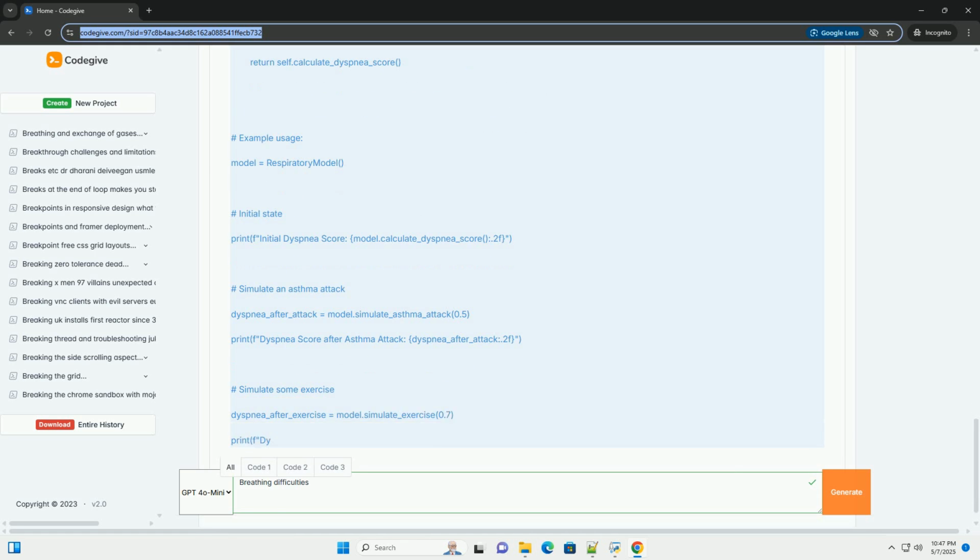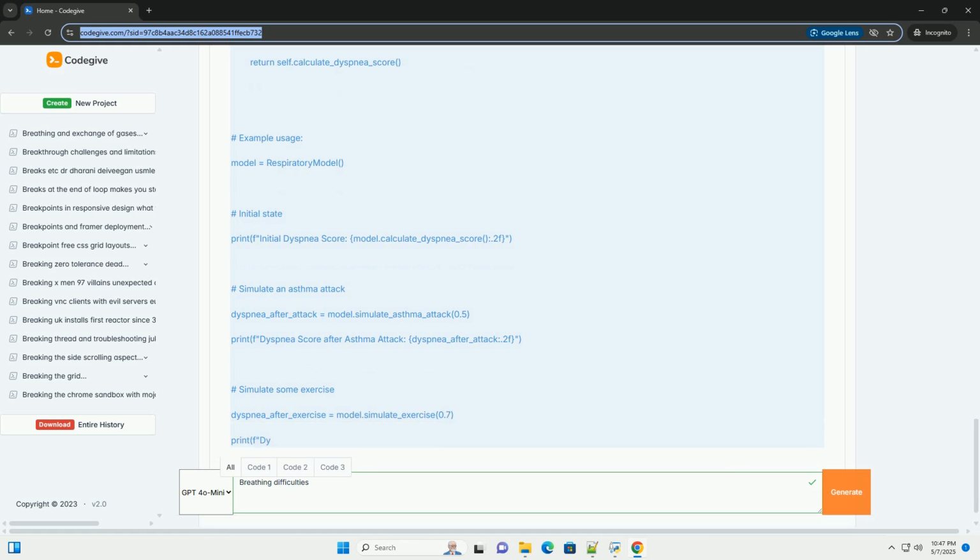The physiology of breathing. Inspiration, breathing in: the diaphragm contracts and moves downward, increasing the volume of the chest cavity. The intercostal muscles also contract, raising the rib cage. This expansion lowers the pressure inside the lungs, which becomes negative relative to atmospheric pressure, causing air to rush in.